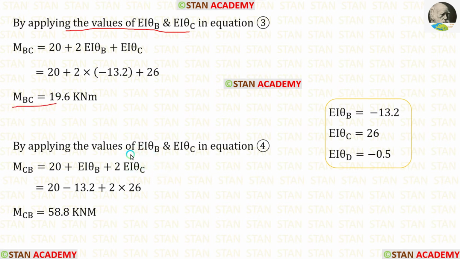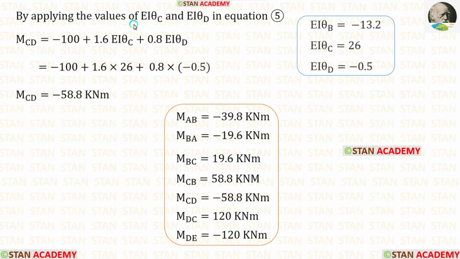When we apply the values of EI theta B and EI theta C in the equation number 4, we are getting MCB. When we apply the values of EI theta C and EI theta D in the equation number 5, we are getting MCD. So in this analysis, we have calculated all of the moments.